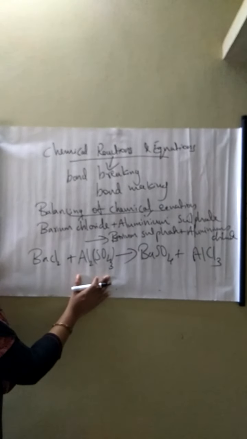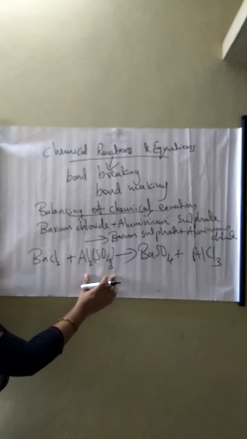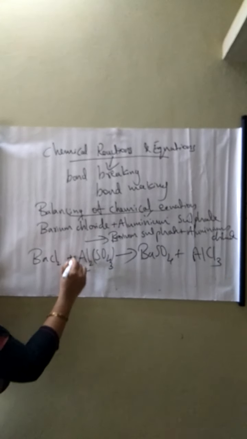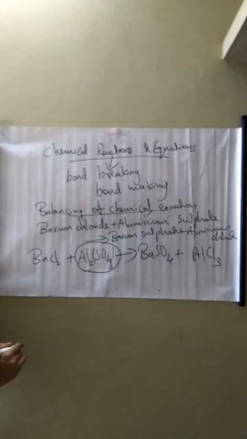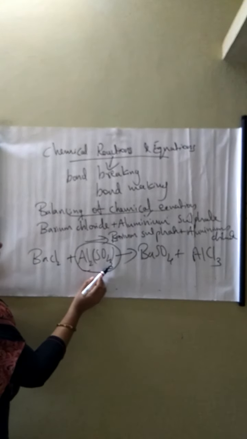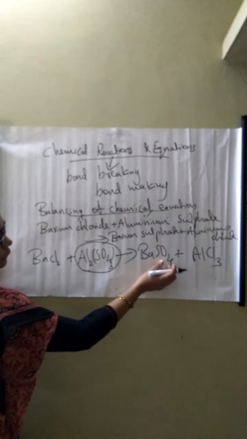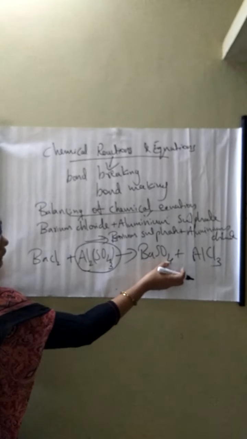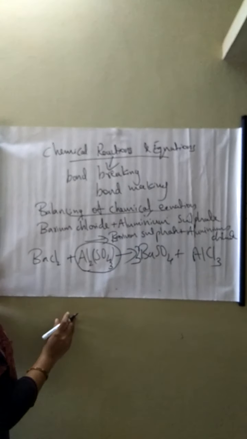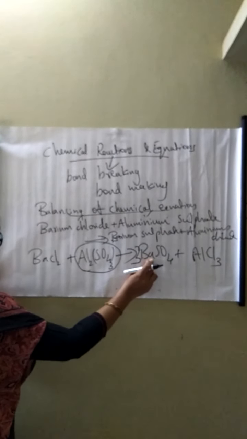So this is the equation, and out of this we can see aluminium sulfate is the compound having the maximum number of atoms, and we can see 3 sulfate ions on the left side. Here only 1 sulfate ion. So we can make it 3 by keeping 3 here. So 3 barium atoms.